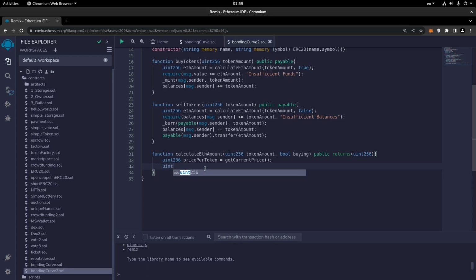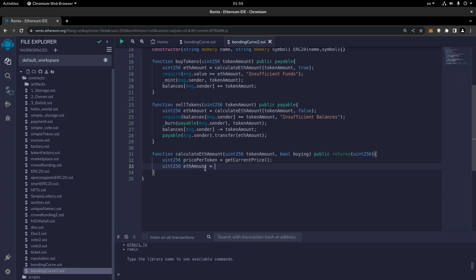So uint256 ETH amount, and by default we will set this to get current price. This is the initial value that we will give to the ETH amount, but it will increase or decrease based on the sells or buys.